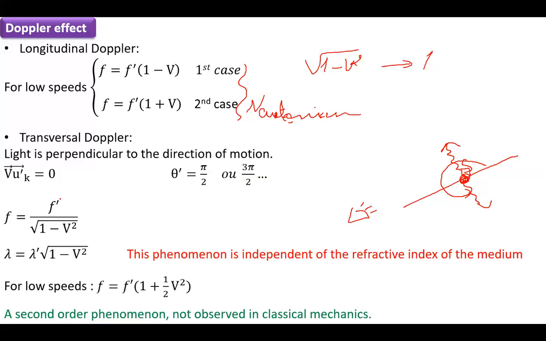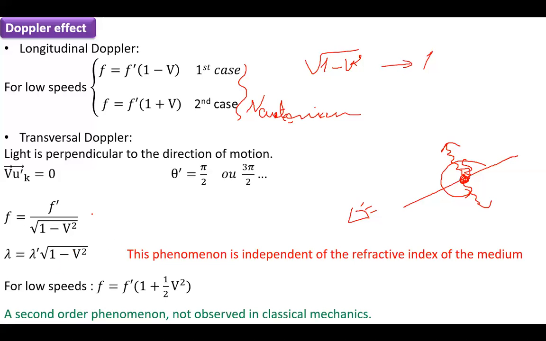So you replace in the Doppler formula, and you will get f equal to f prime over the radical of 1 minus v squared. It's gamma f prime, to put it in terms of gamma. And in terms of wavelengths, lambda is equal to lambda prime times the radical of 1 minus v squared.